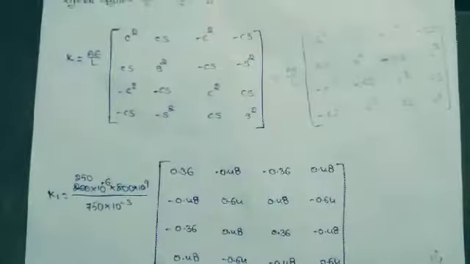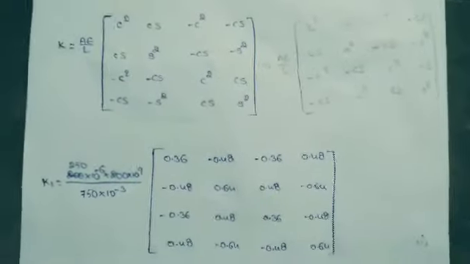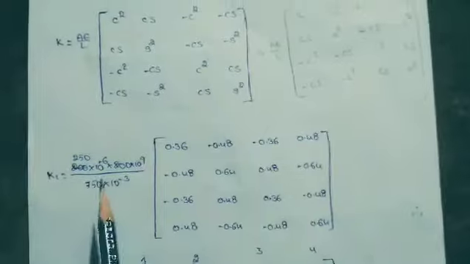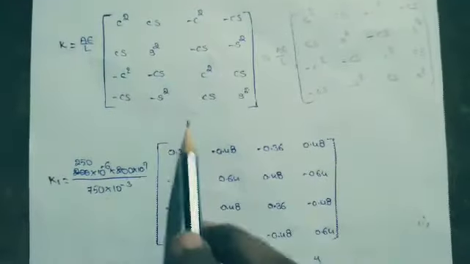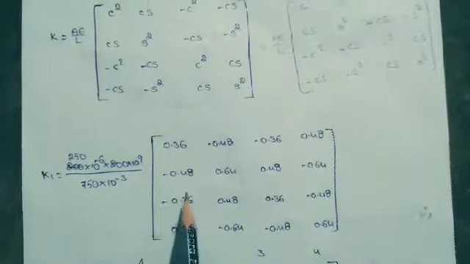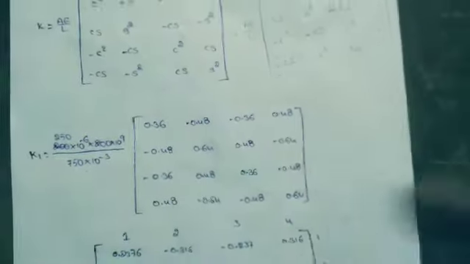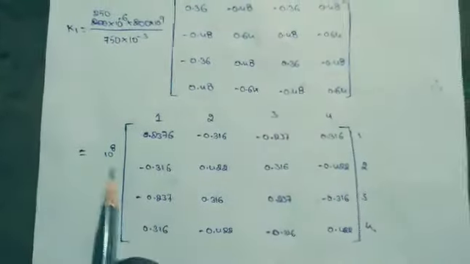After that, this is the first element: the area, Young's modulus and length of each element are given in the problem. Similarly, the values of c and s are taken from the direction quotient table and substituted in the matrix. After solving this entire thing, you get the value of 10 power 8 and the matrix like this.